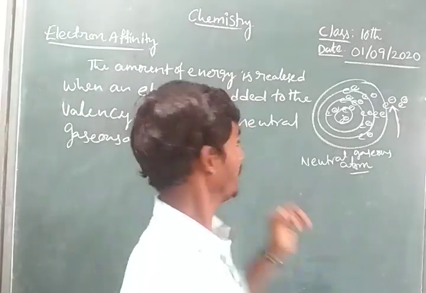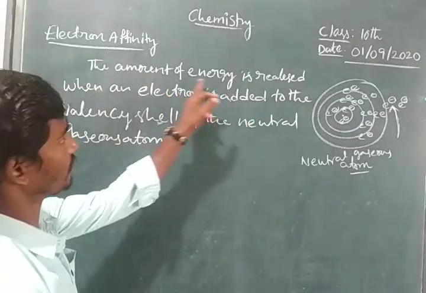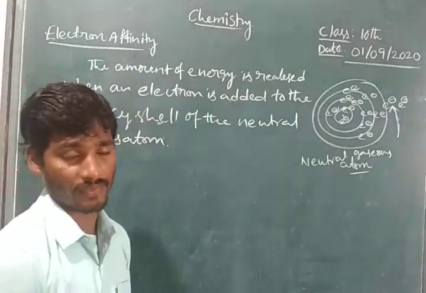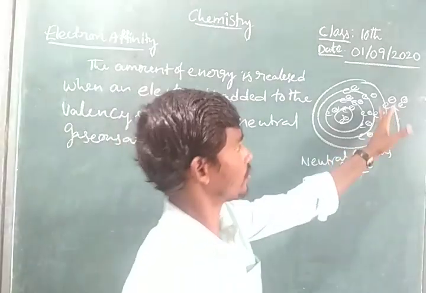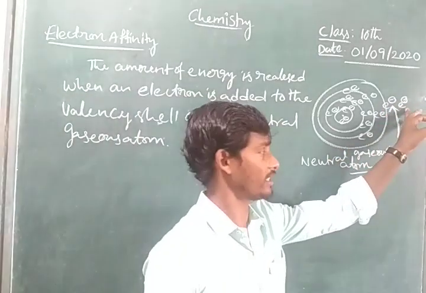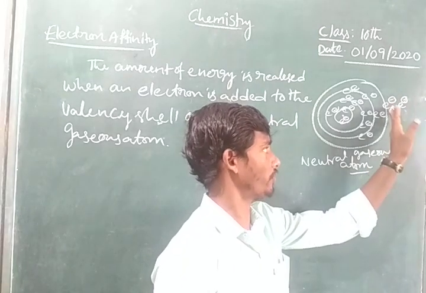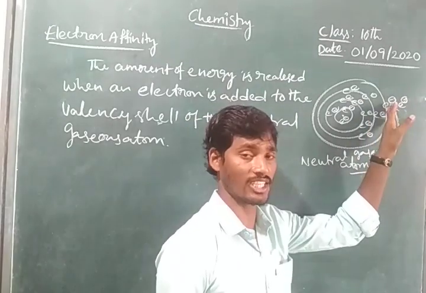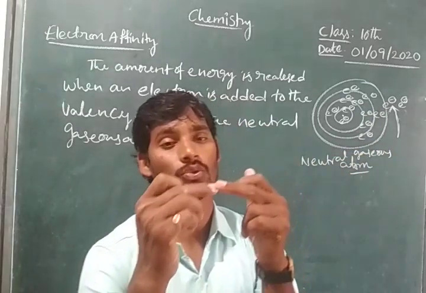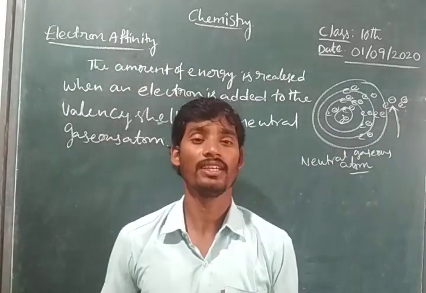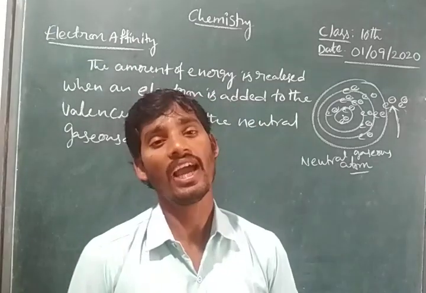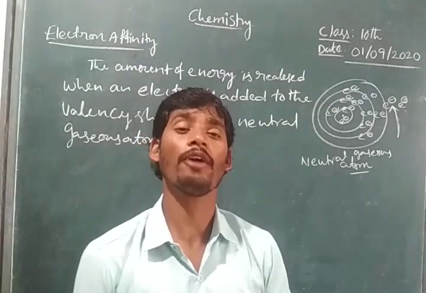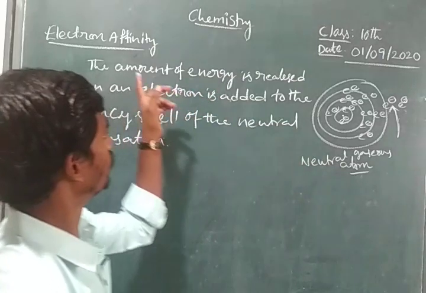That's why the amount of energy is released. The added electron collides with the electron present in the valence shell. When those two electrons collide, initially it releases some energy. That released energy we consider as the electron affinity.